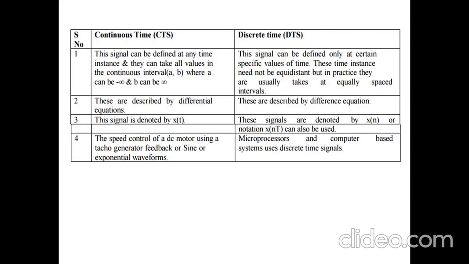Continuous time signals are described by differential equations, and discrete time signals are described by difference equations. A continuous time signal is denoted by x of t, and a discrete time signal is denoted by x of n or x of n T. Speed control of a DC motor using a tacho generator feedback, or sine or exponential waveforms, are examples of continuous time signals.